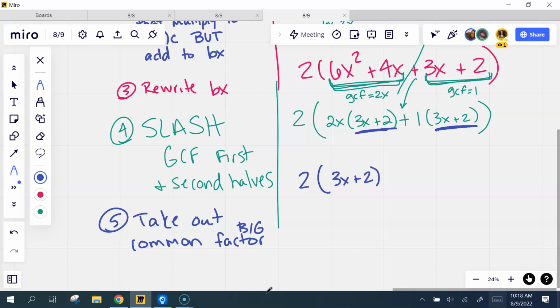If I take a 3x plus 2 away from both of these, what does it leave? 2x plus 1. And it's factored. I took out that entire 3x plus 2.